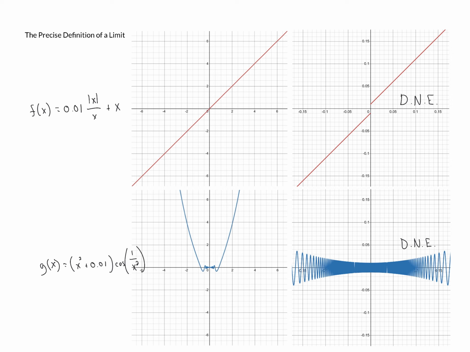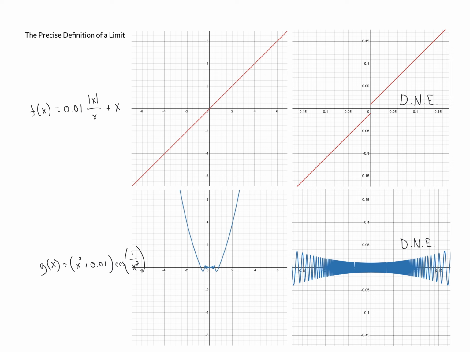So this is another situation where if we don't zoom in and we're kind of lazily looking at things, it looks like the function gets closer and closer to 0. But in fact, as we look very close to 0, that function is still oscillating between negative 0.01 and positive 0.01.